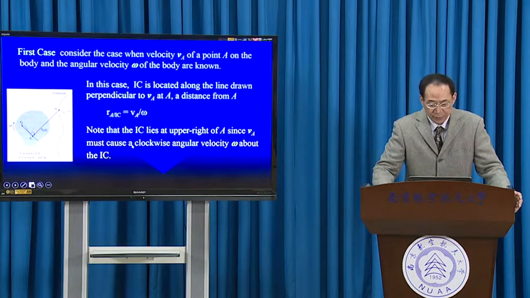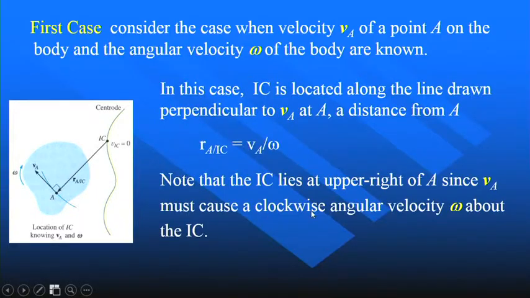That is, the IC lies at the upper right of A, since VA must cause a clockwise angular velocity omega about the IC. So compare this diagram with the diagram in the last slides.